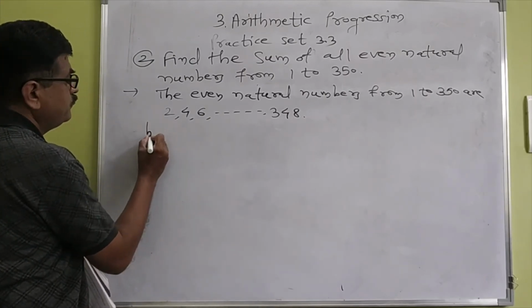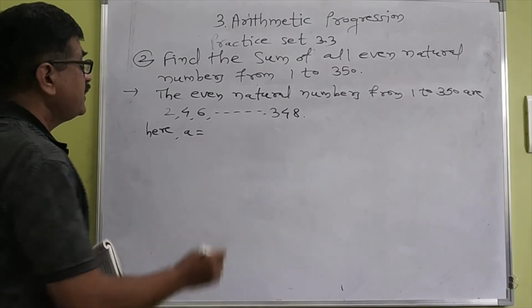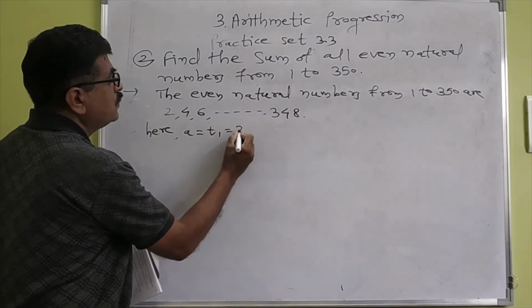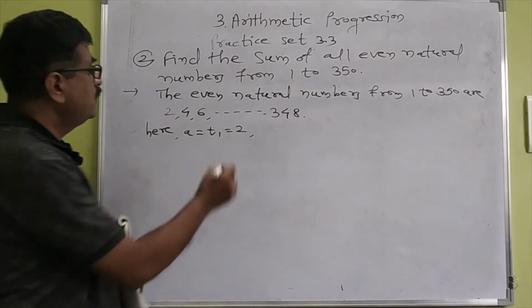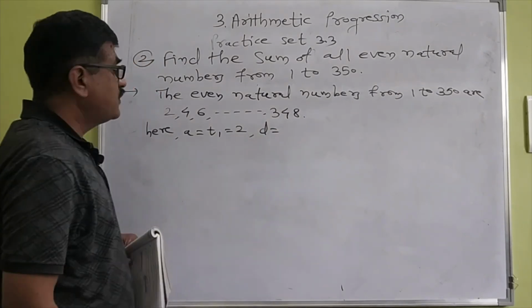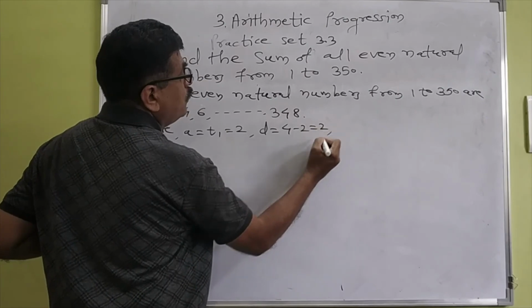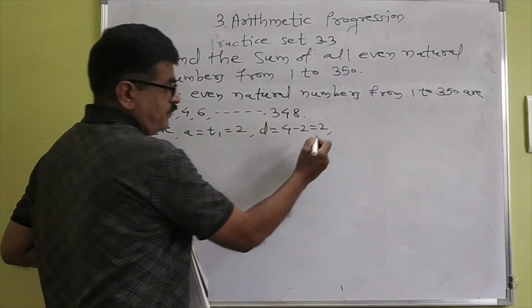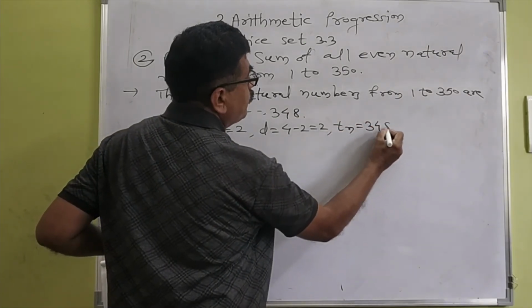Here the first term T1 is equal to 2. The common difference d is equal to 4 minus 2 is equal to 2, and the nth term Tn is equal to 348.